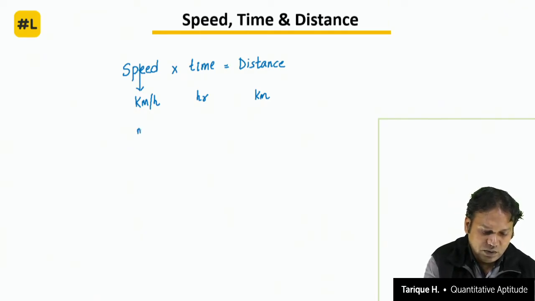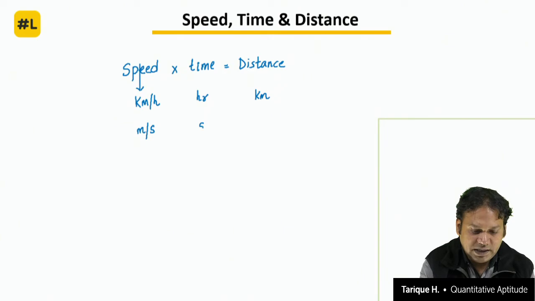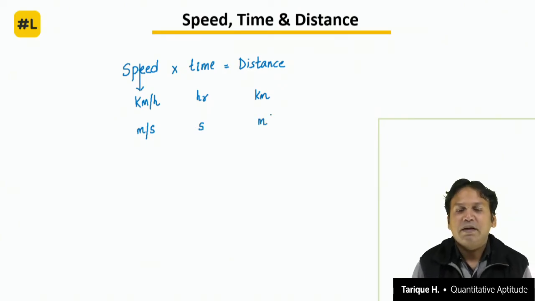Another unit that is used in some questions is that speed is in meters per second, time is in seconds, and distance is in meters. So the units that we get in questions are either kilometers per hour or meters per second. Occasionally in some questions, we need to convert from one unit into the other.